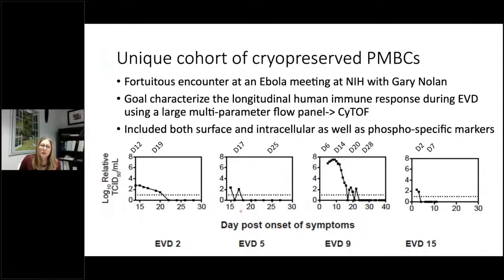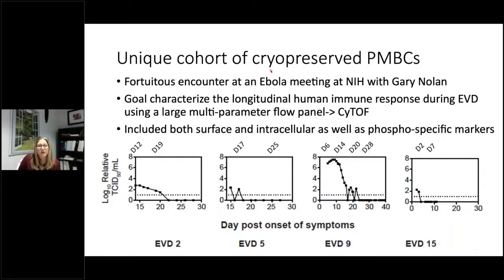So because we had such limited sample to work with, we realized this was a pretty unique cohort of cryopreserved PBMCs from individuals with Ebola virus disease. This is not the kind of sample that is easy to come by. And I happened to be at a meeting at NIH on Ebola, and I met Gary Nolan, and he gave a talk there about CyTOF technologies.